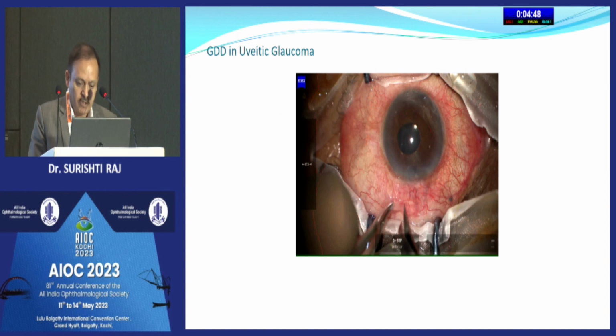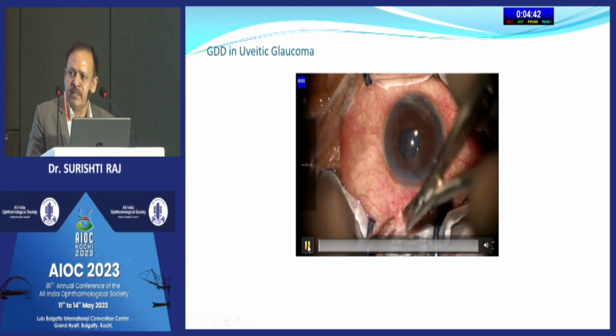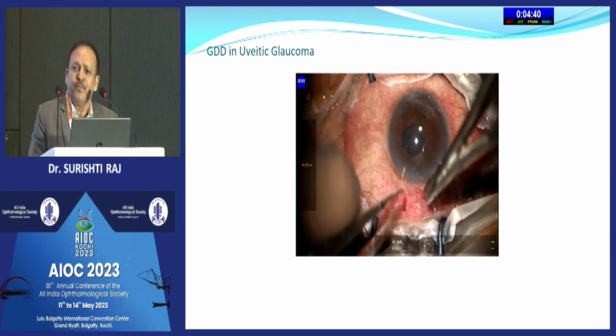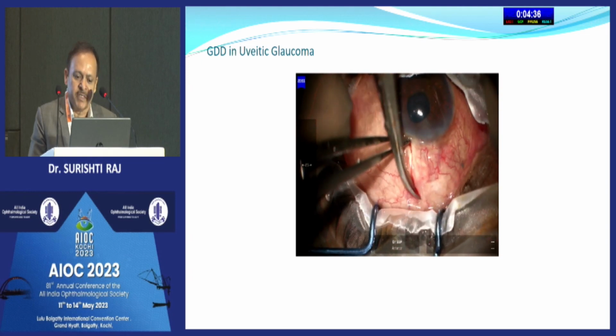AC. Basically, the steps of the surgery are the same as in any routine GDD, but some of the preoperative considerations which I discussed should be taken into consideration.